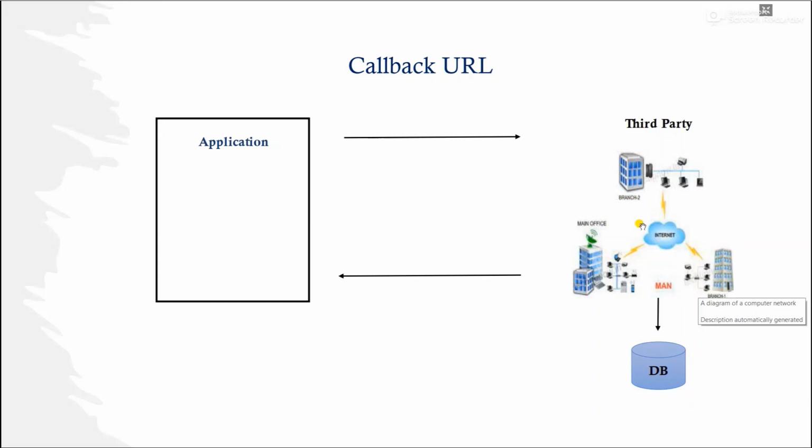Okay, so the understanding that comes from callback is that the third party that we're talking to needs some information from us. If we've built an application by CodeFilms, and we are talking to the third party, we need some of the third party's services.